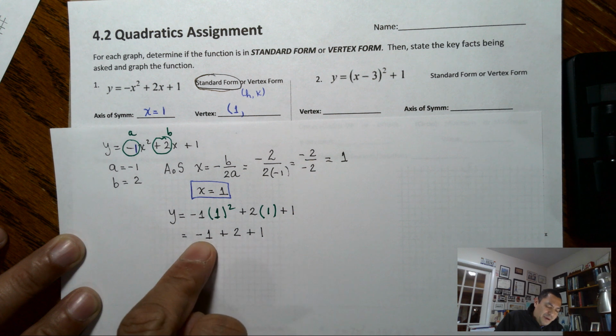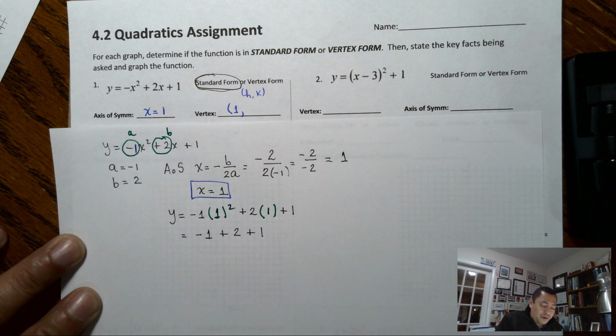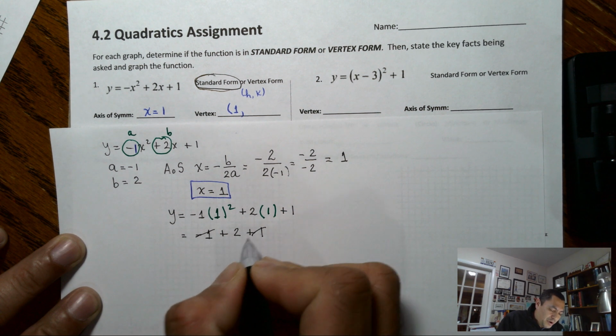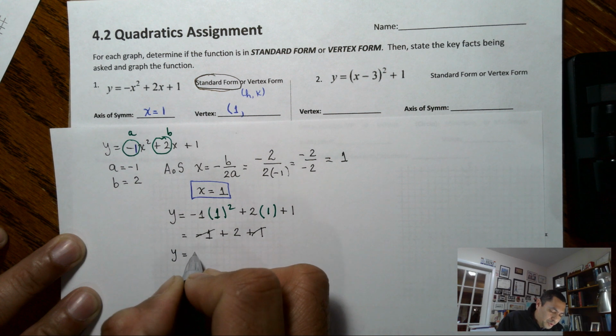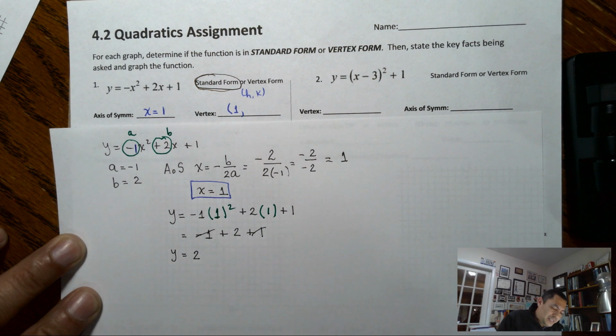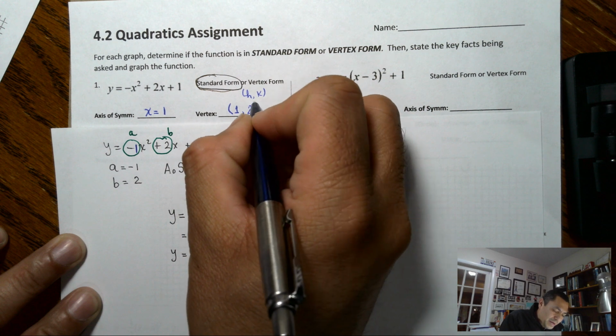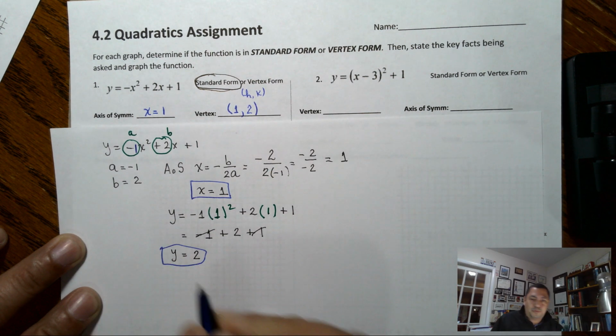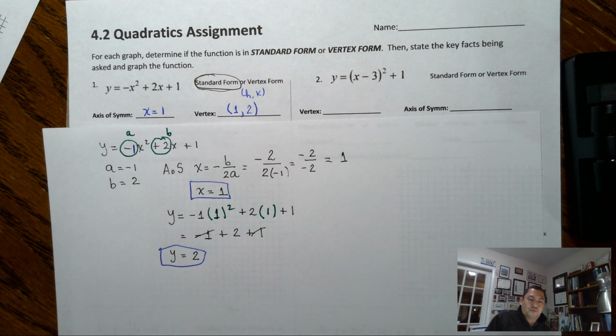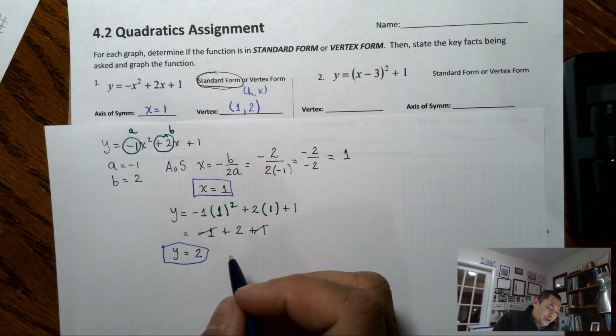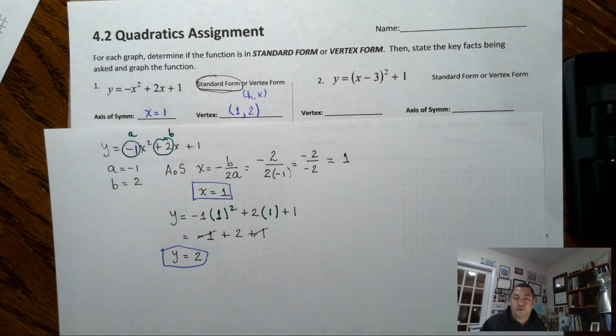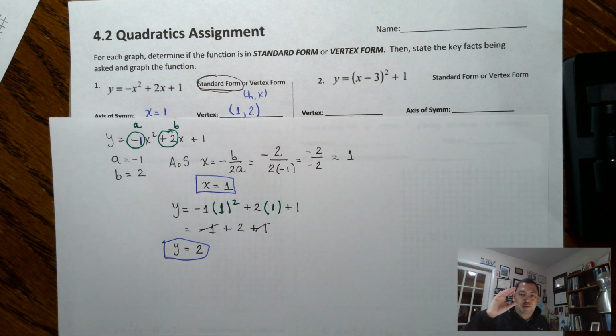Now I have negative 1 and 1, they cancel out. 1 minus 1 is 0, so y is equal to 2. So in this case, 1 comma 2, and I can box this one for you to know. So now I know my vertex is 1 comma 2. That means the function moves 1 unit to the right and 2 units up.